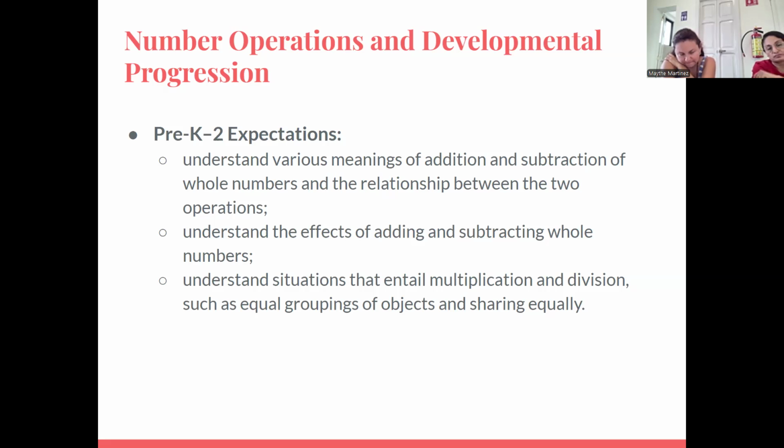In pre-K they're working with numbers up to 10, in kindergarten up to 20, in first grade up to 100, and second grade up to 999, three-digit numbers. But they keep looking at the relationship between adding and taking away with larger numbers at each grade level. The concept doesn't change, right?